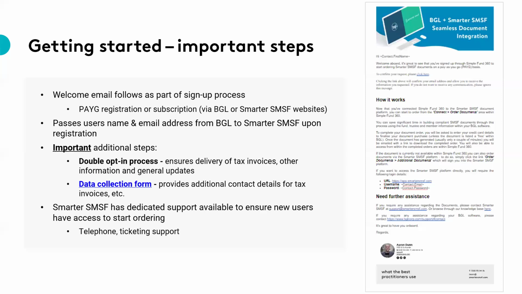So then what we do is send through to you a data collection form. Because BGL is only sending to us your first name and email, we want to make sure that we are capturing the right information. Because if you go in and order an investment strategy document, for example, and then we send the tax invoice to you, that tax invoice is going to come out in your name only, maybe first name.